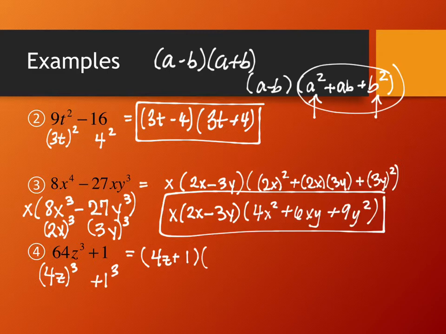But what's 4 squared? 16. So it's 16z squared. In the middle I have the opposite sign, so it's subtraction. And then I have my two pieces multiplied, but 4z times 1 is 4z. That's very friendly. And at the end, I have my 1 squared, which is also very friendly to give me a positive 1. It's always positive at the end.